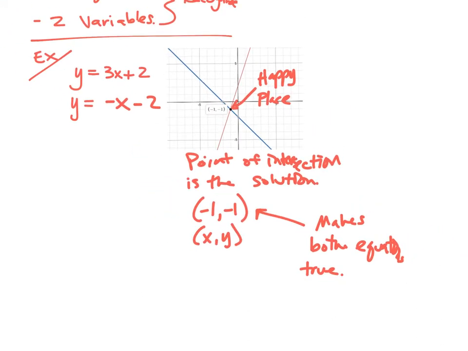Now, I'll show you a couple different ways to solve this, but that's the idea, all right? If I were to make both equations true, I should plug in -1 for x and -1 for y, and it should give me a true statement. So let's look at the first one, okay? y equals 3x plus 2.